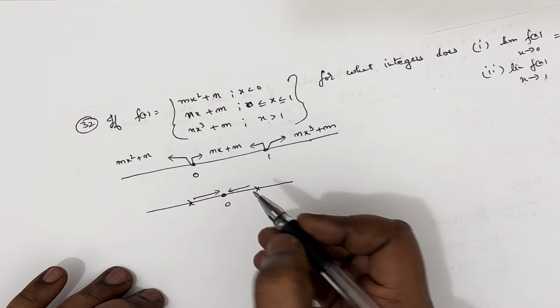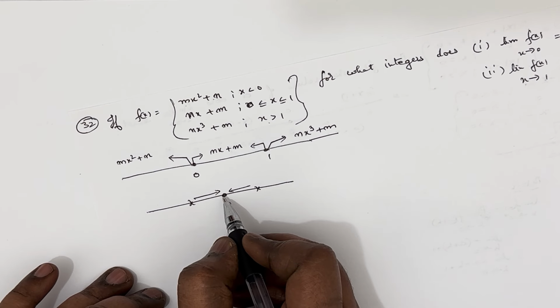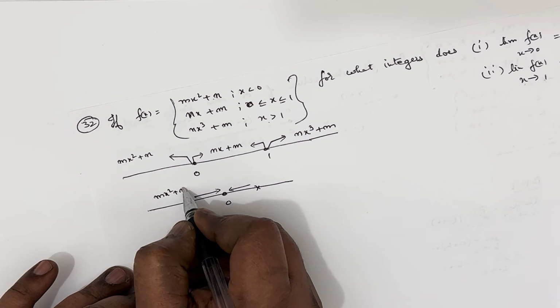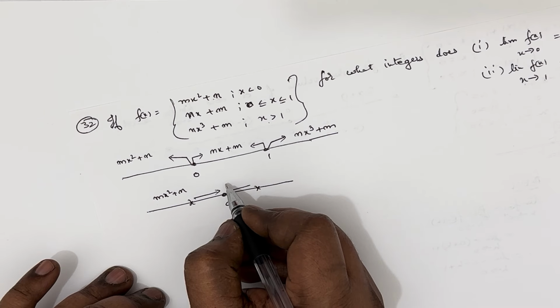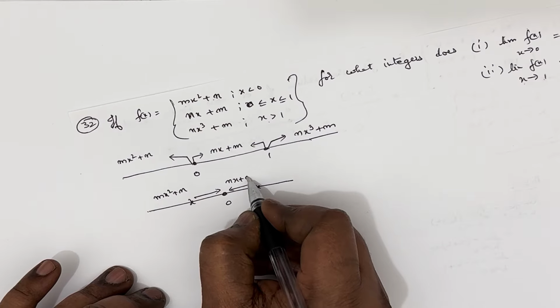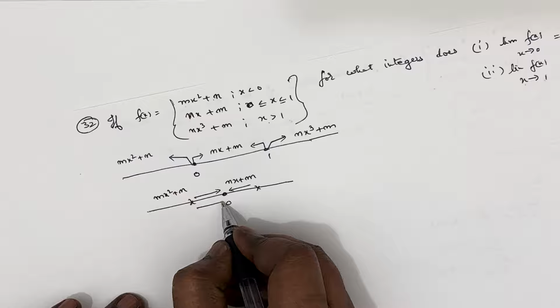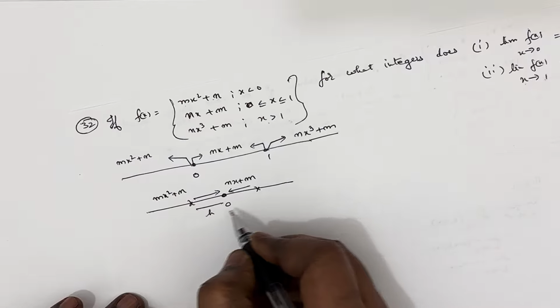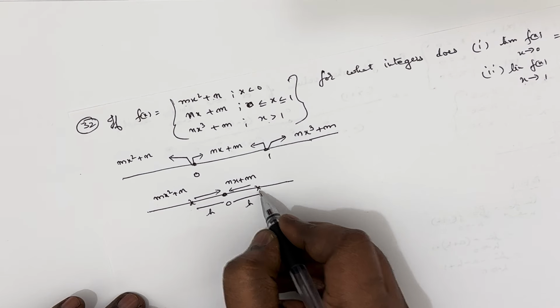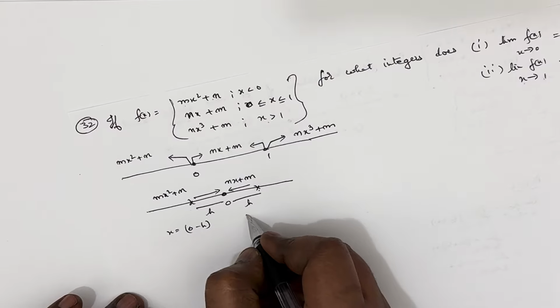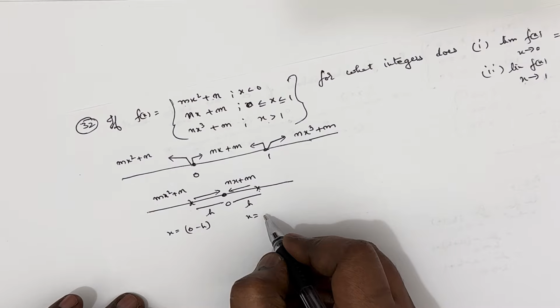The function to the left of 0 is mx square plus n, and to the right of 0 it is nx plus m. This is the distance h. So here x will be 0 minus h, and here the position of x will be 0 plus h.